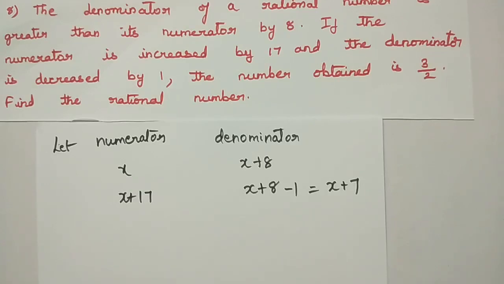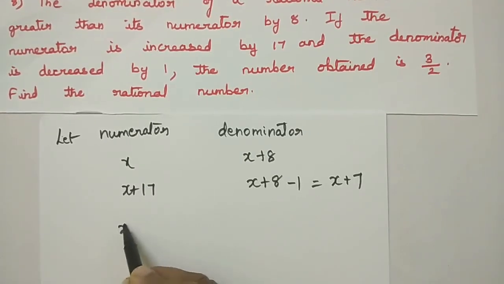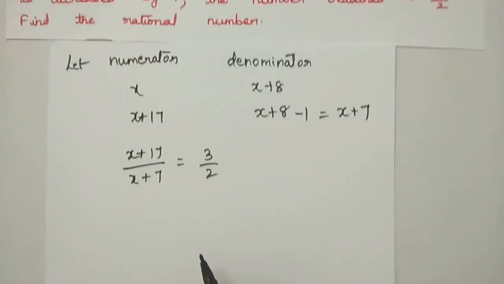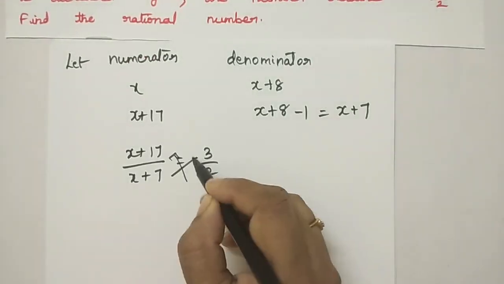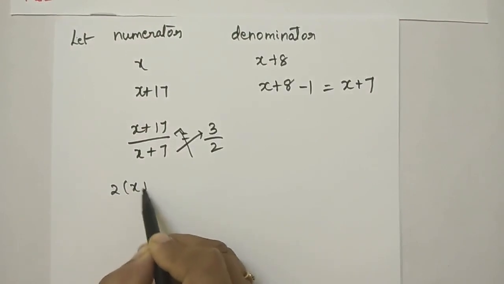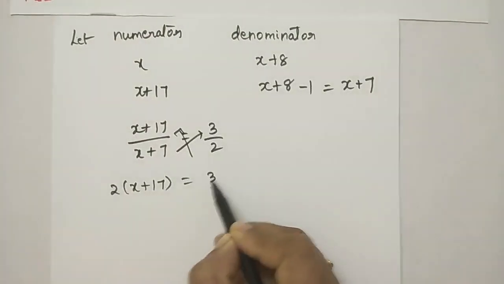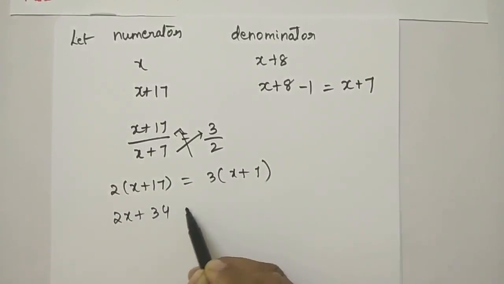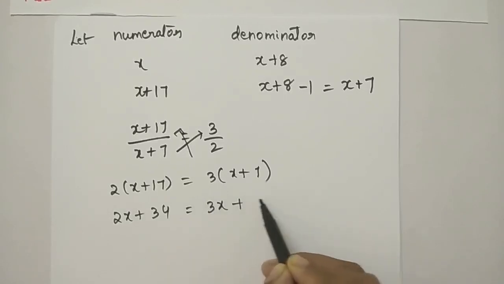So numerator by denominator is equal to 3 by 2. So (x plus 17)/(x plus 7) equal to 3 by 2. This is what they have given, is it not? Now cross multiply. Solve the equation. This becomes 2 into (x plus 17) equal to 3 into (x plus 7). Okay, this is nothing but 2x plus 34 equal to 3x plus 21.